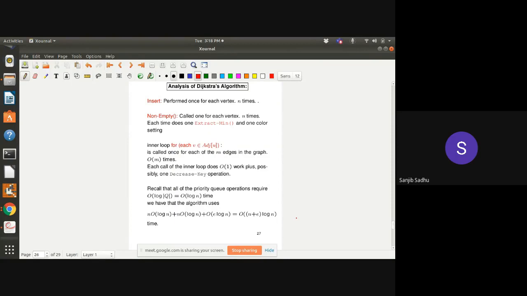And for each inner loop, for each edge v adjacent to u, if there are m edges, then it takes big O of m times, constant time plus the decrease key operation. You know the priority queue operation requires big O of log n, where n is the total number of nodes. So the total time complexity will be n plus e times log n.